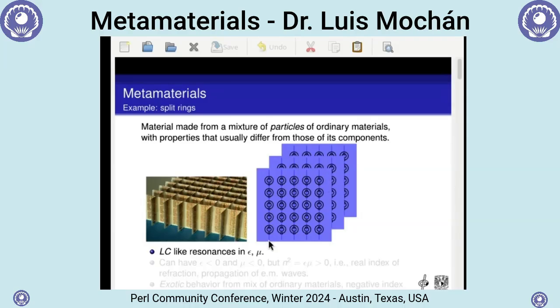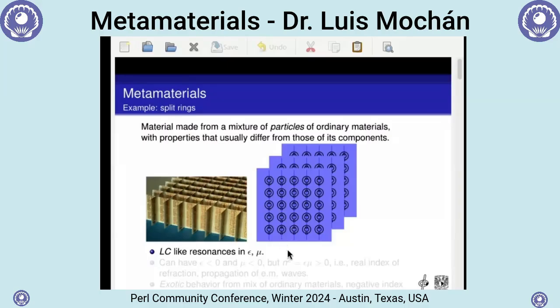If you go a little bit above that resonance, then the magnetic permeability of this artificial system can become negative.